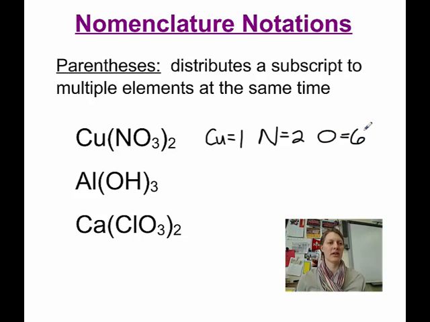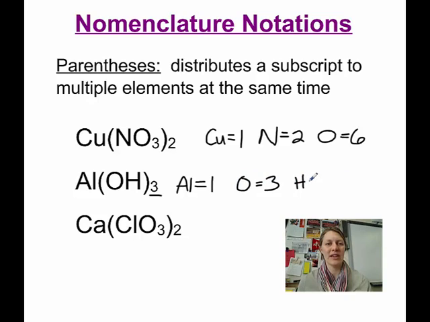Okay, let's look at this next one here. Aluminum is outside of the parentheses and has no subscript, so we assume 1. Oxygen and hydrogen are both in the parentheses, so this 3 on the outside is going to be distributed to both of them. You can think of it individually as our oxygen has 3 atoms and our hydrogen has 3 atoms.